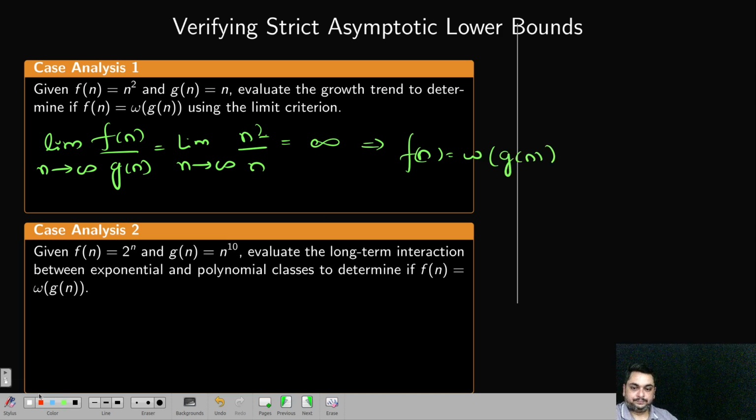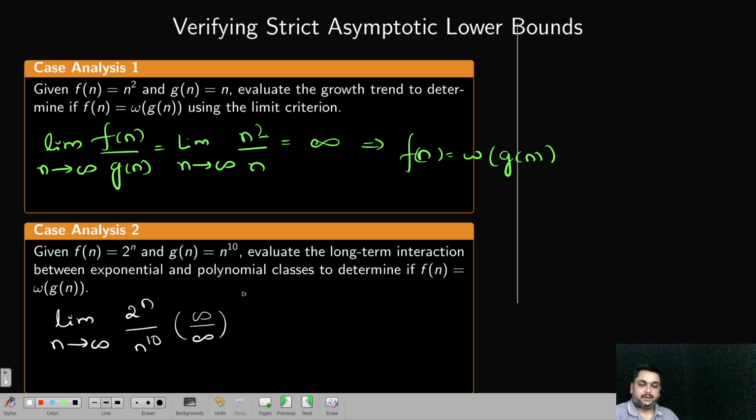Now let us evaluate this. f(n) equal to 2 power n, g(n) equal to n power 10. So the limit as n approaches infinity of 2 power n divided by n power 10. If you observe, it is in infinite by infinite form, right? So I can apply L'Hopital's rule, which you will learn in calculus. You differentiate the numerator and denominator separately. To make the denominator a constant, I have to differentiate it 10 times.